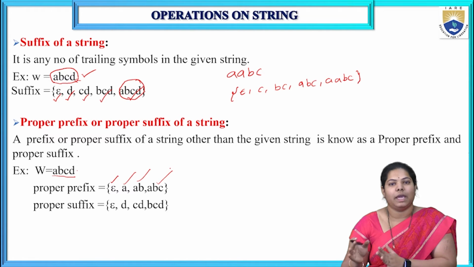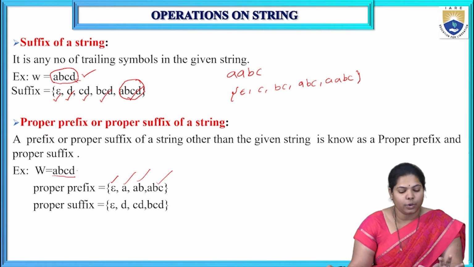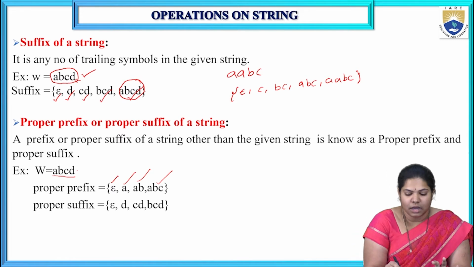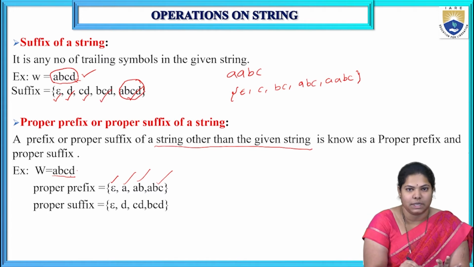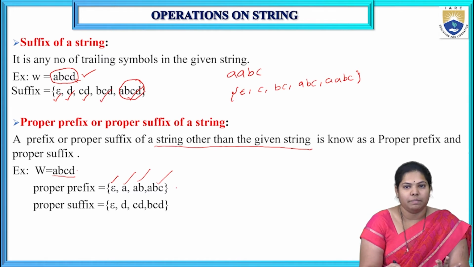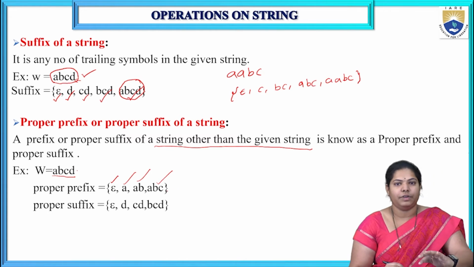It ends with ABC itself; it is not going to take ABCD. That means it contains strings other than the given string, ABCD. That is the difference between a prefix and a proper prefix.